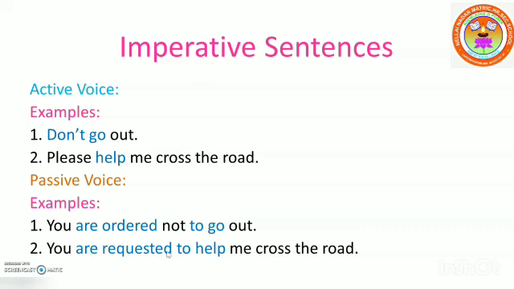You are requested to help me cross the road. So according to the kind of sentence, if it is a request, you can use "you are requested to" plus V1 form or "not to" plus V1 form. If it is an order, you can use "you are ordered to" plus V1 or "not to" plus V1 form.